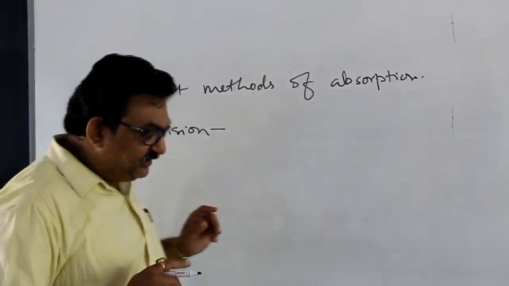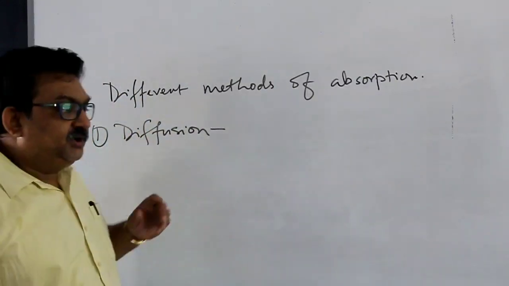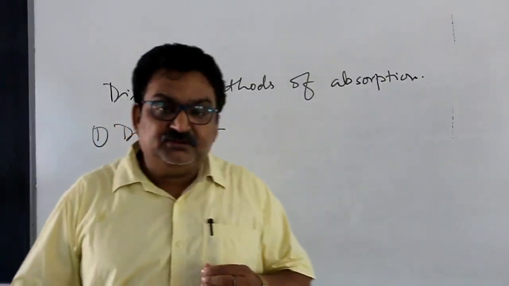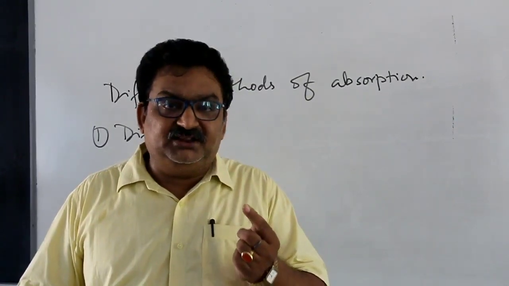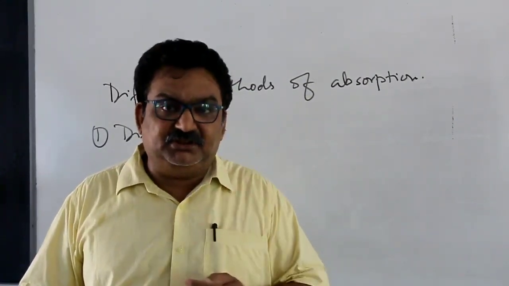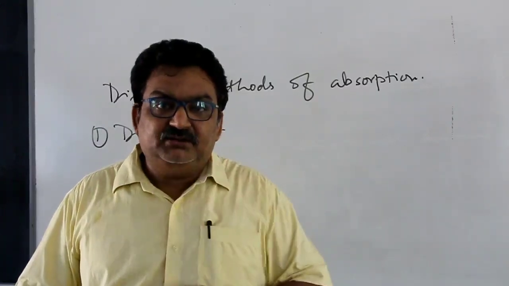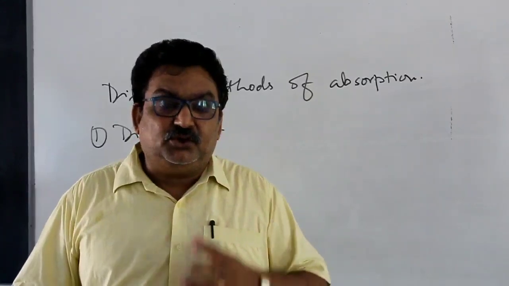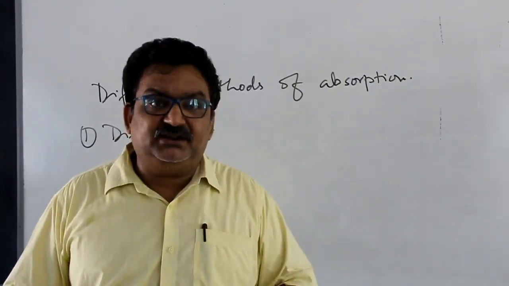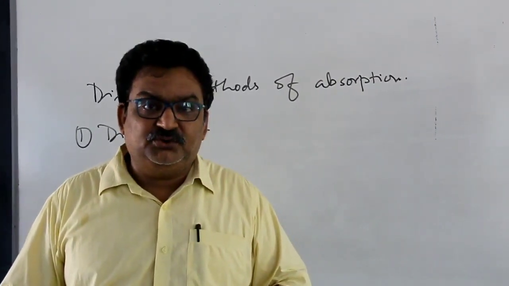Right? Now for understanding diffusion, when you light up an incense stick, that is agarbatti, and you are in another corner of the room, you can smell the fragrance of that incense stick. Why is it so?